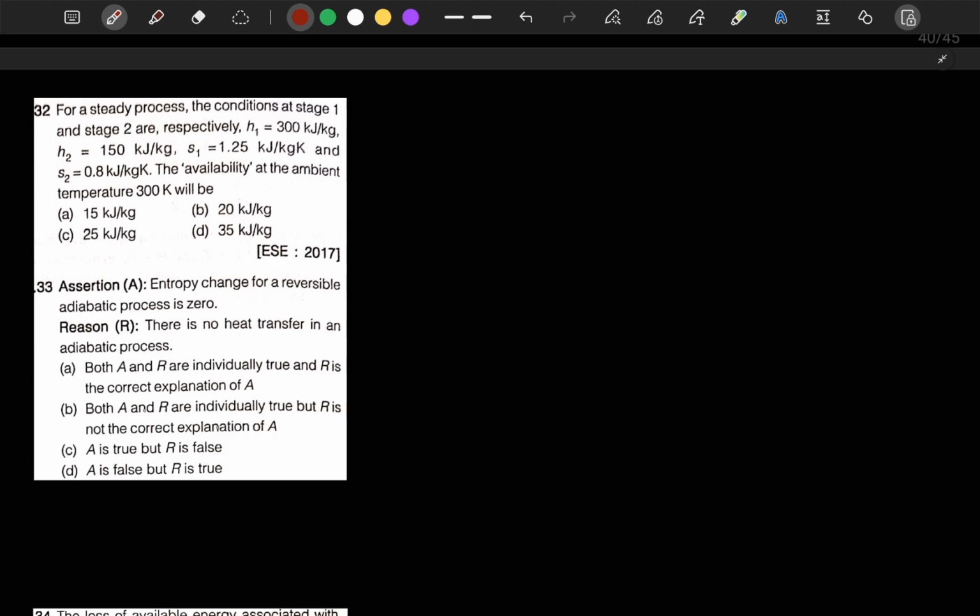So we know that our Exergy function phi is defined by H minus T naught S. So the availability phi 1 minus phi 2 can be given as H1 minus H2 minus T naught times S1 minus S2.